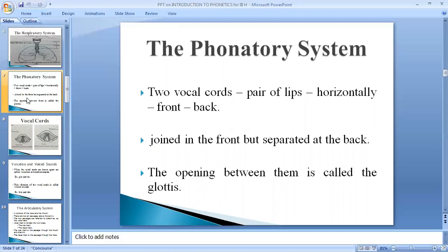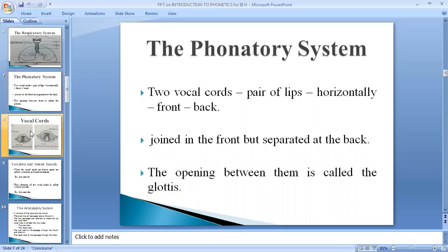In the larynx, there are two vocal cords, which are like a pair of lips, placed horizontally from front to back. They are joined in the front but separated at the back. The opening between them is called the glottis.